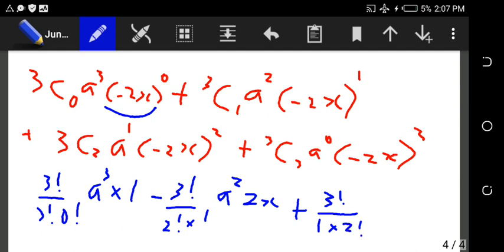Then simplifying this, our a raised to the power 1 is a, and then our 2x squared: 2 squared is 4. Remember that the power is going to affect everything in the bracket. So 2 squared is 4, and x raised to the power 2 is x squared.